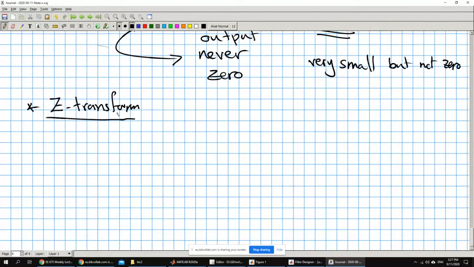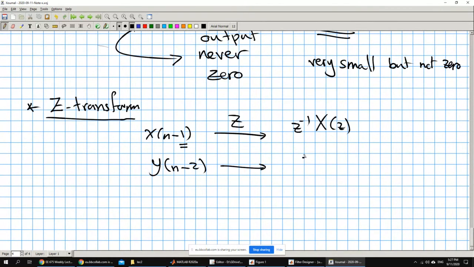You have the system definition already, but instead of having, for example, x of n minus 1, when I convert it with the Z transform, this will be x of z, and each one of these delays will be just z to the minus 1. If I have y of n minus 2, for example, this will become z to the minus 2, times y of z.